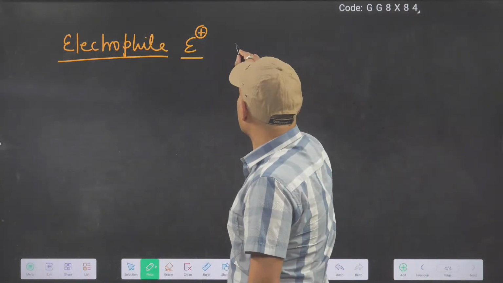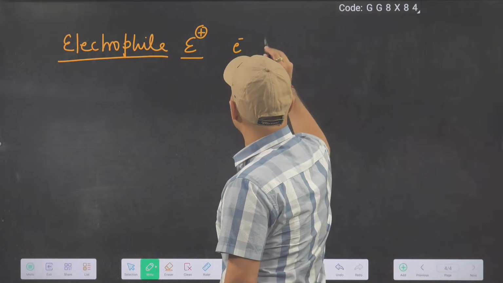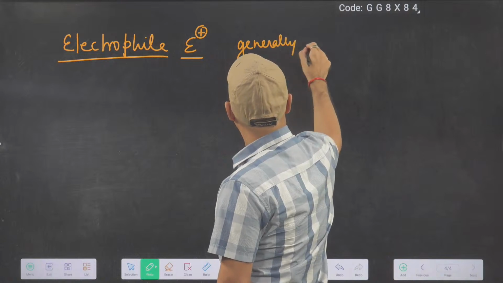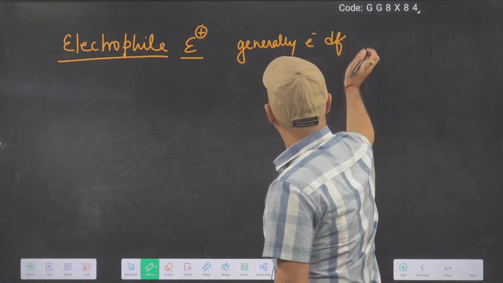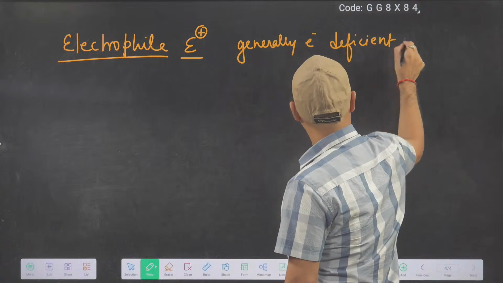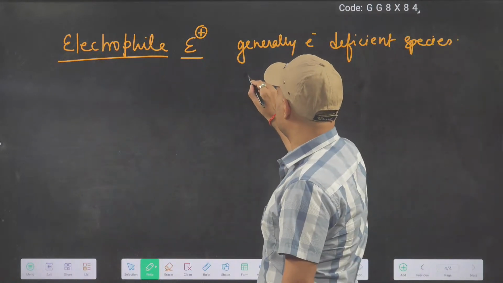You can say like this: electrophiles are electron deficient species. If they are electron deficient species, that means what?